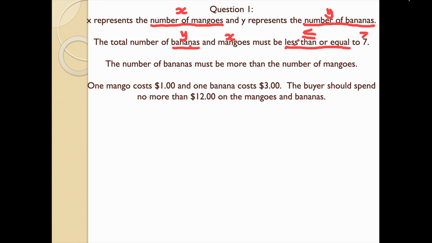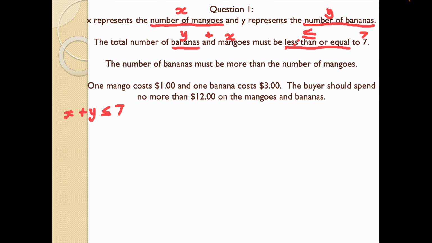If I'm saying bananas and mangoes, what mathematical symbol can I use for the word and? Plus. Lovely. So the first one must be X plus Y is less than or equal to 7.